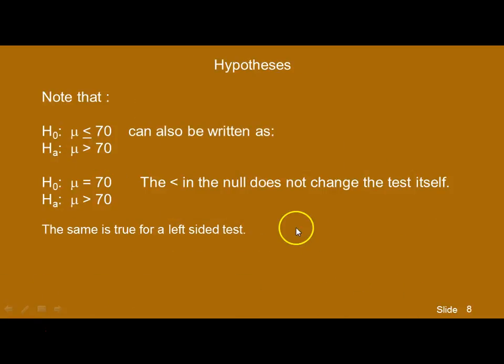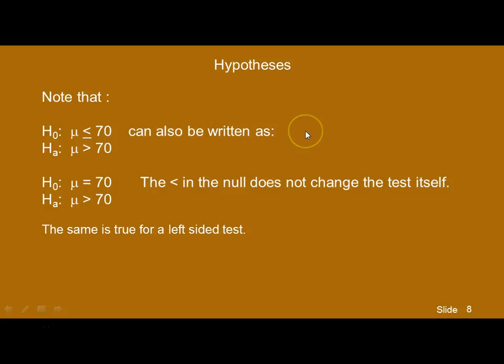I just want to point out one thing about one-sided tests. This hypothesis here, is the mean less than or equal to 70, or is it greater than 70? Statistically, it's no different than if I left the less than in the null off. If I simply said, is the mean 70 or is it greater than 70? Statistically, these two tests are the same.